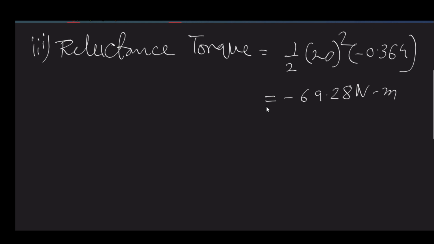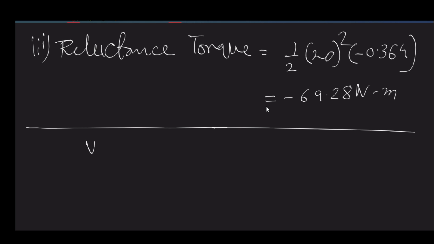So for the second part, the rotor circuit voltage is 0. Now generally VR is equal to IR plus d psi r dt.